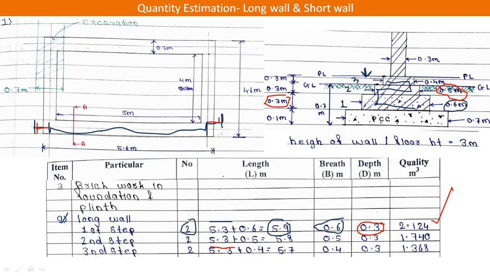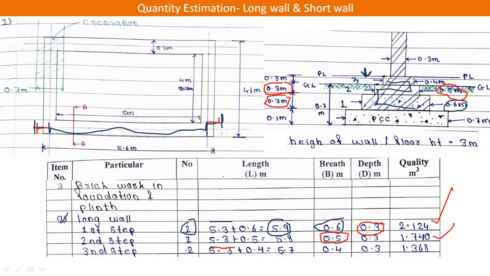So it comes as 5.3 plus 0.5, which is 5.8, and the width is 0.5. The thickness is 0.3 meter, so we have taken the depth as 0.3 meter. Multiply these 4 values, and you will get the quantity as 1.740 meter cube.